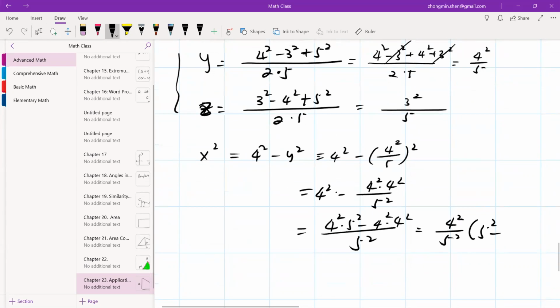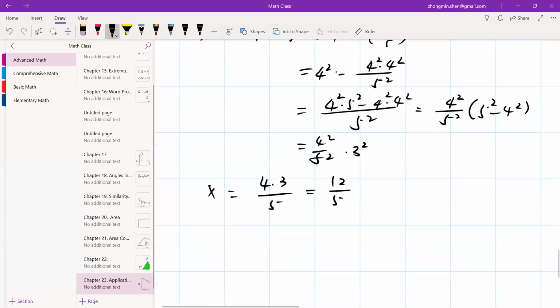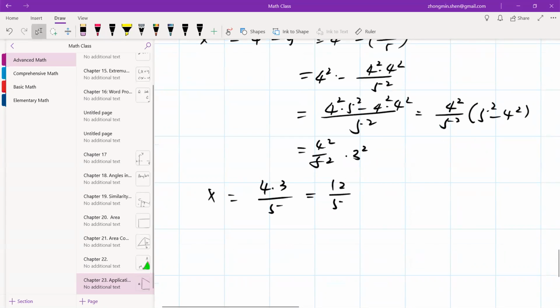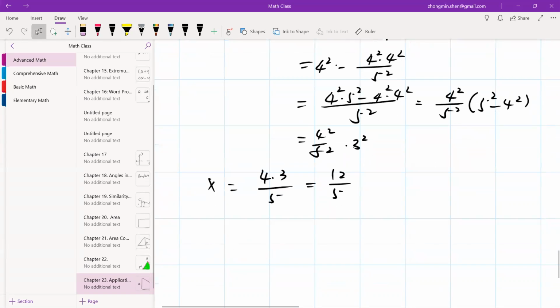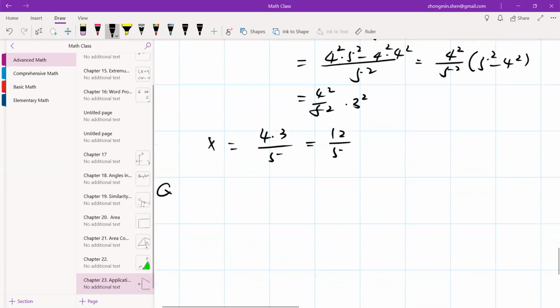What I get is 5 square minus 4 square, which is 4 square over 5 square, and 3 square. Then x is going to be 4 times 3 over 5, which is 12 over 5. See, very complicated going through. So this is not the best way to solve the problem. But you can use the Pythagorean theorem to solve the problem. Okay, so let's look at the next one. This is going to be square.